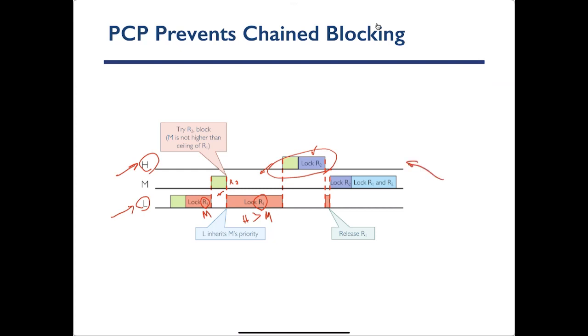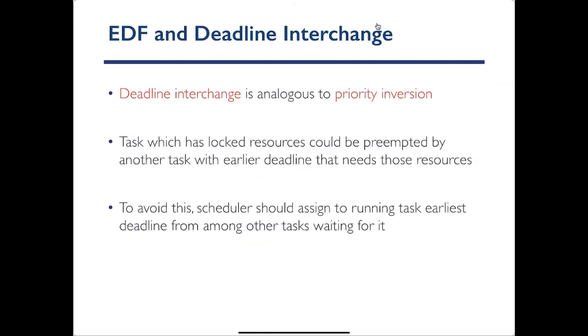Because if I look at H and L, they don't have any dependency. H only needs R2 and L only needs R1, so L should not be able to block H, and that is happening. So this PCP is able to prevent chain blocking. Okay.